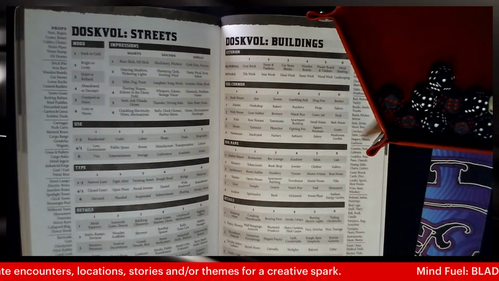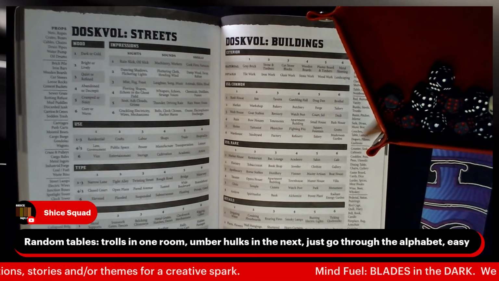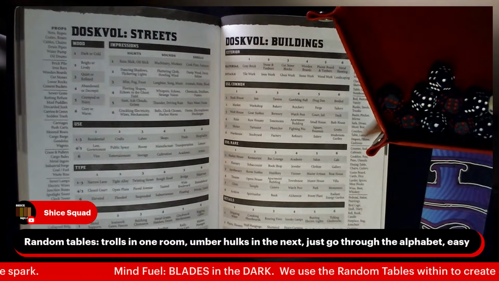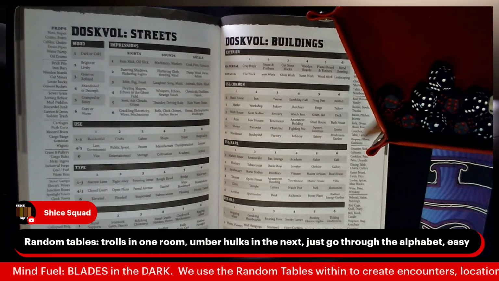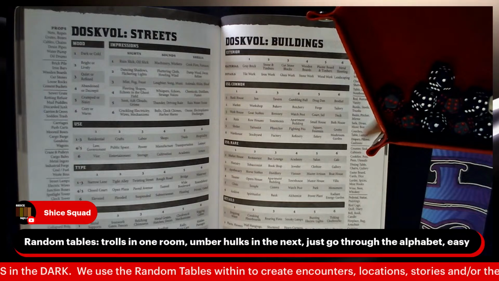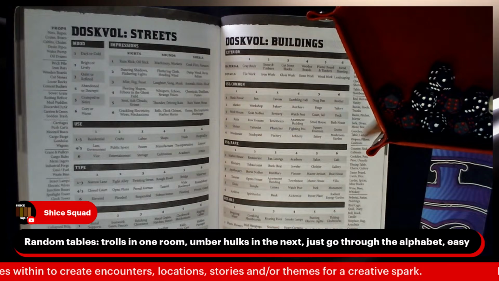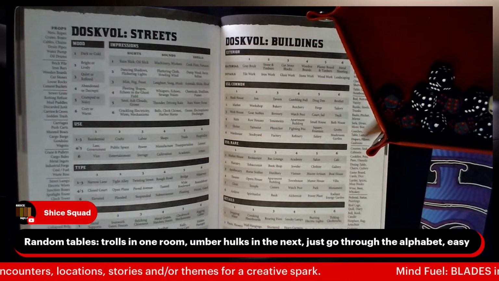Yeah, and see, that's I think where the horrible part came from. Random tables: trolls in one room, Umber Hulks in the next. Just go through the alphabet, and understand that many times that was the end result.